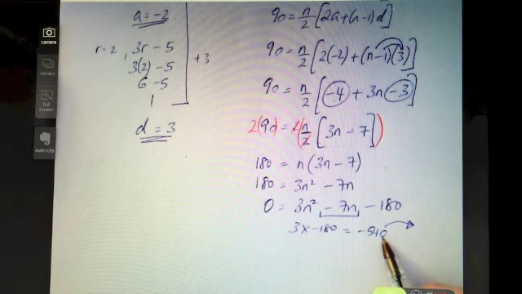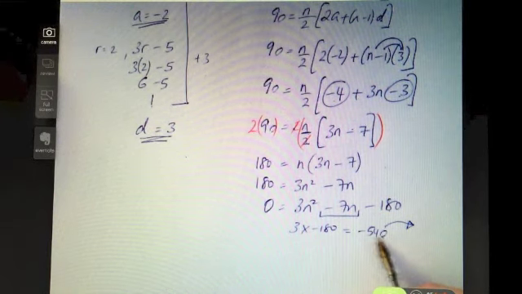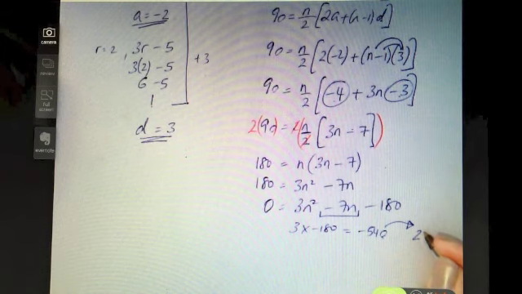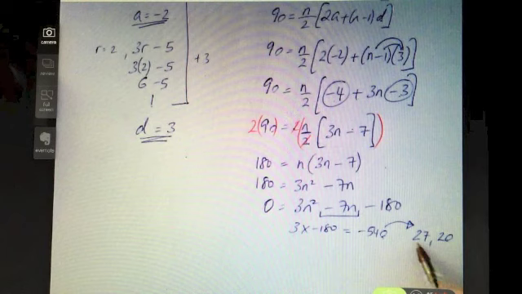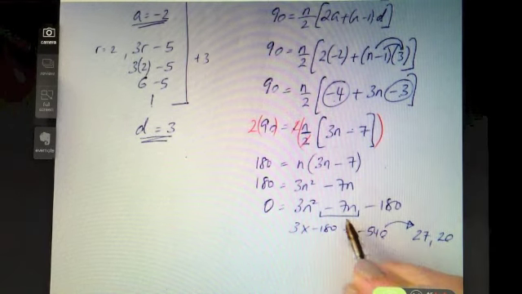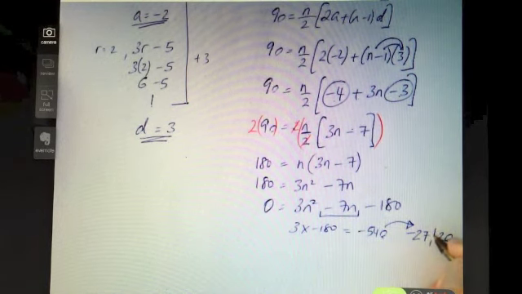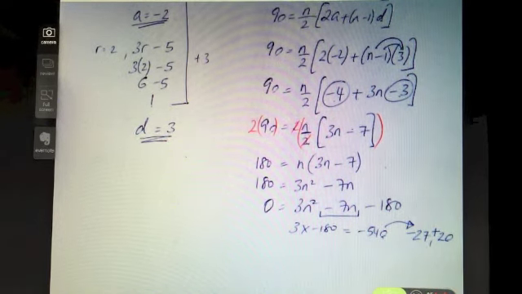This is going to work out quite nicely for you. So factors of 540 would be 27 times 20. And the signs that would multiply to make minus 540 and add together to make minus 7 would be minus 27 plus 20. So they're the 2 values I'm going to use.